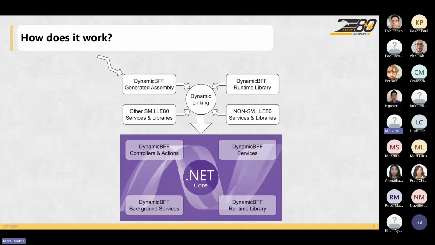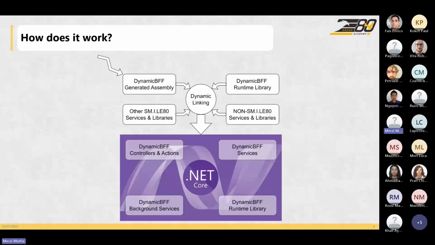This assembly will be linked to the runtime library for the basic functions and the constructs of the language, to the Smile and non-Smile services and libraries in order to adapt the data to stored procedures, WCF calls, data and the data types.